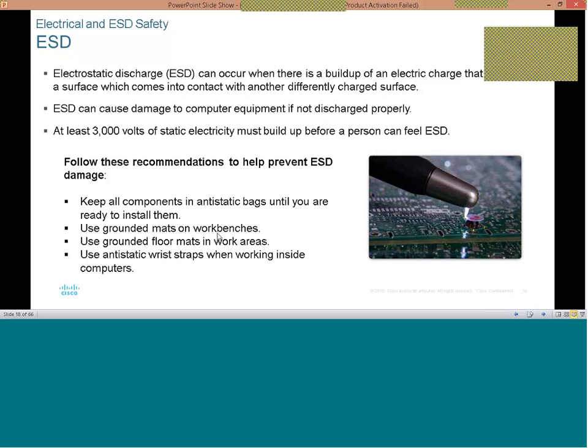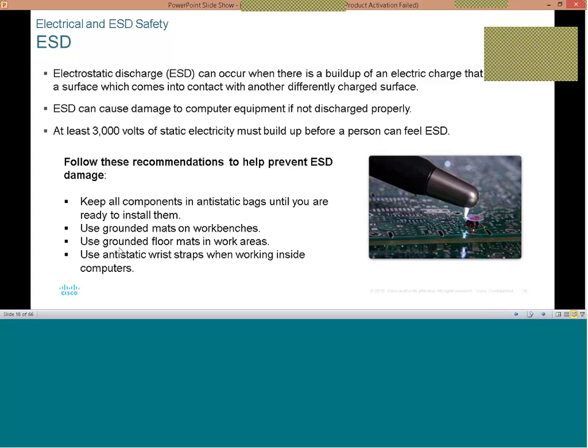And then you use a ground mat on work benches. The ground mat is so as to avoid discharge of current, so that will help. That will create some kind of insulator to the circuit board. So it's good to use a grounded mat on work benches. And then we use a grounded floor mat in work areas.